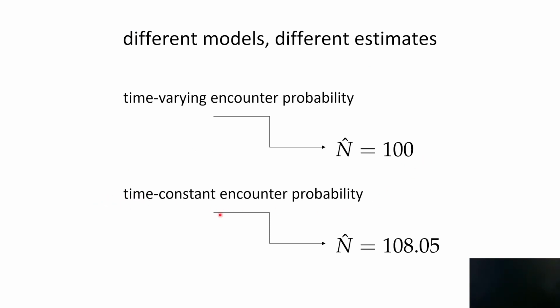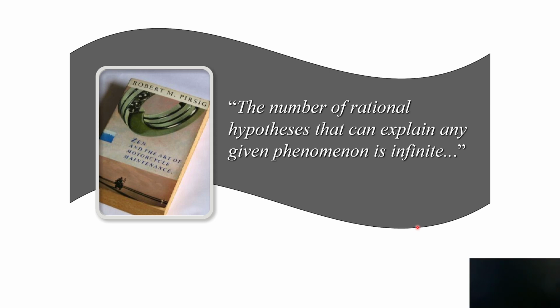When we had time constant or the dot model for encounter probability, we got an estimate of abundance for the data that we were working with of 108. And it's a reasonable question to ask which of these two values, which are different, we should have the most faith in.